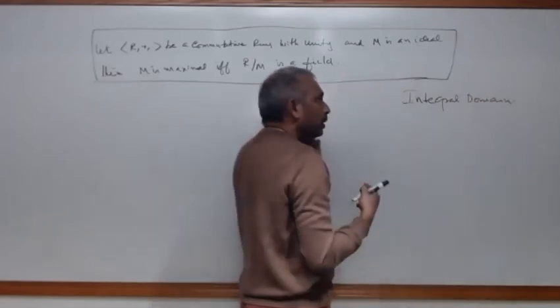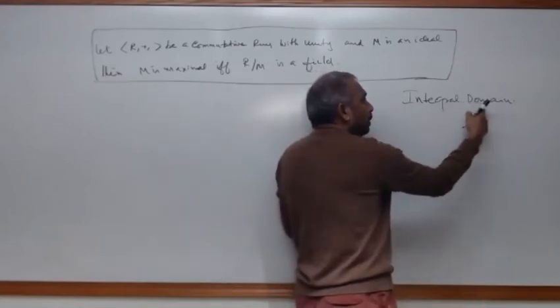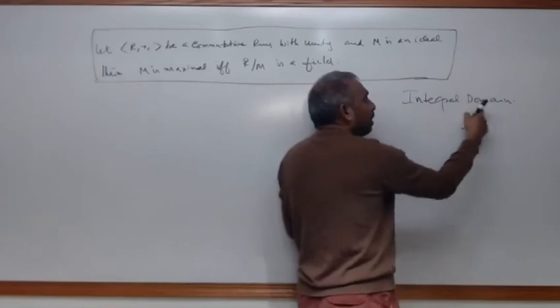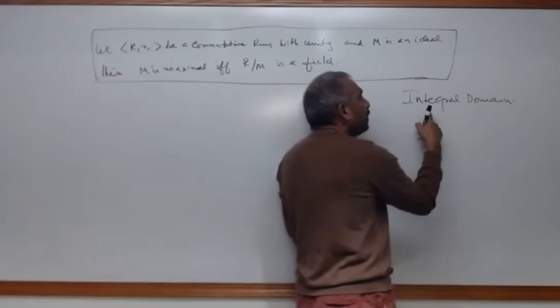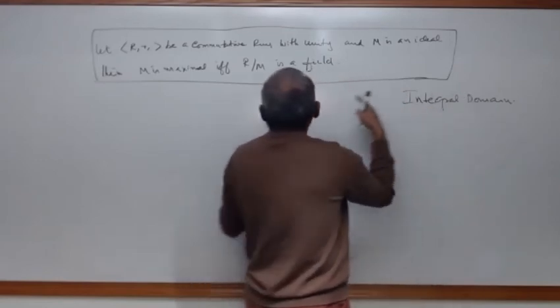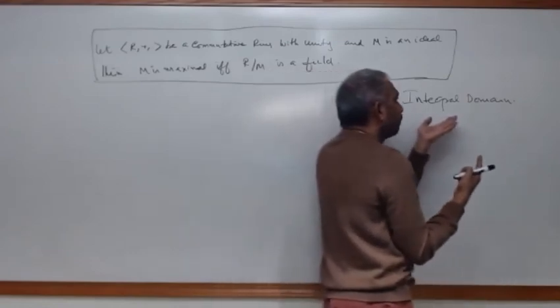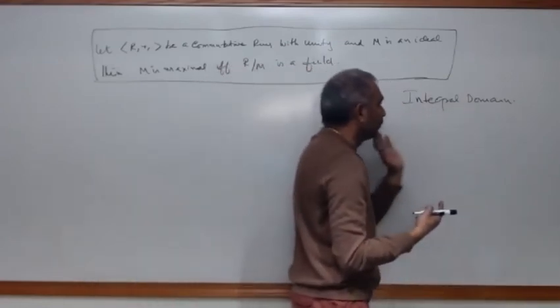Because for any integral domain, we can create a field, and that field is called field of quotient. So it's okay if you get an integral domain from an R instead of a field itself. Sometimes it may not be possible.